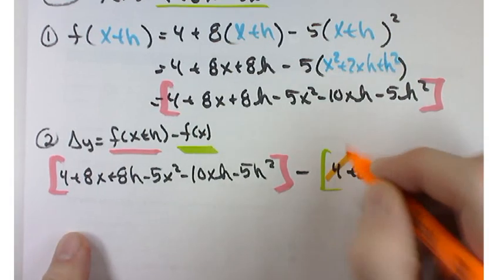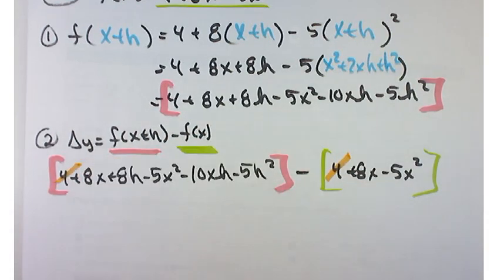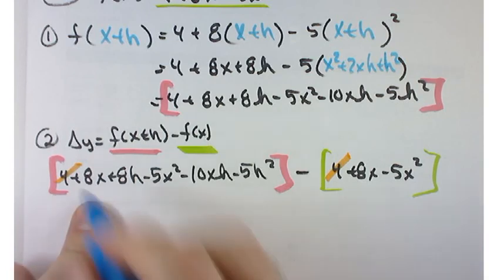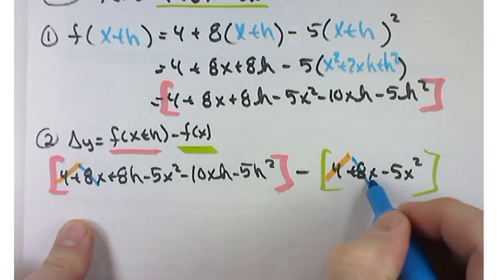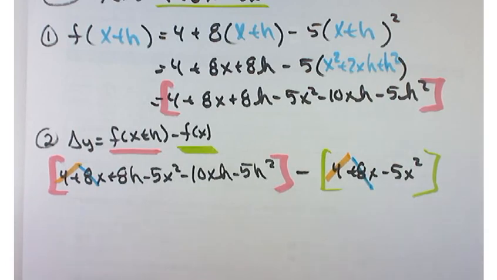First of all, the 4's disappear. That one's easy. What else disappears? Well, we got an 8x and an 8x. Those cancel. Minus 5x squared, minus minus becomes a plus. So that one's going to cancel as well.